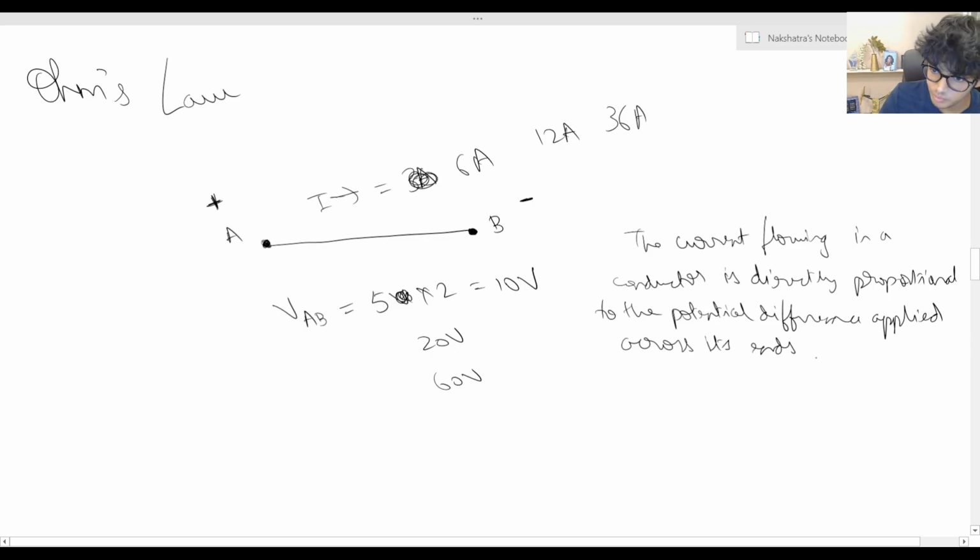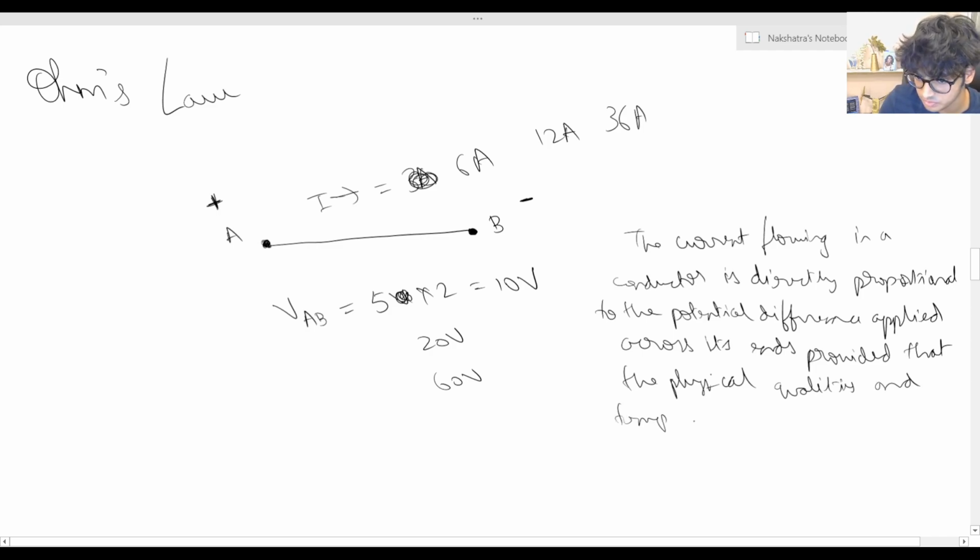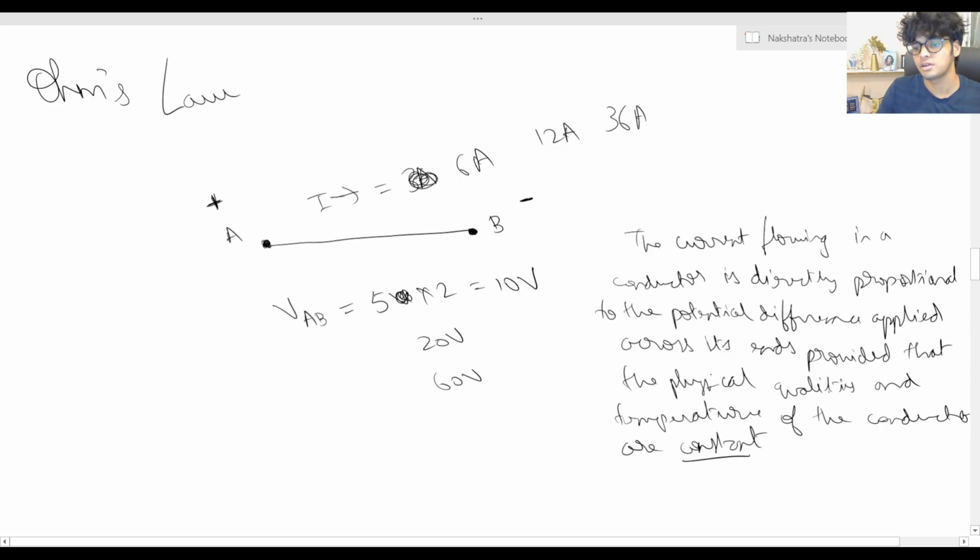Okay, provided that the physical qualities and temperature of the conductor are constant. Don't forget this last part, it's very important. Physical qualities and temperature of the conductor remain constant.